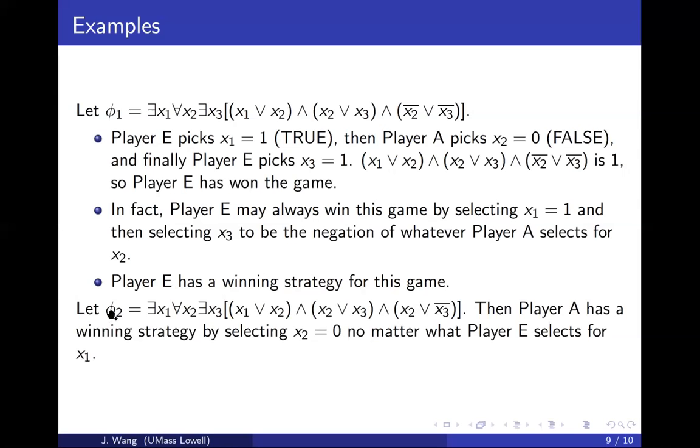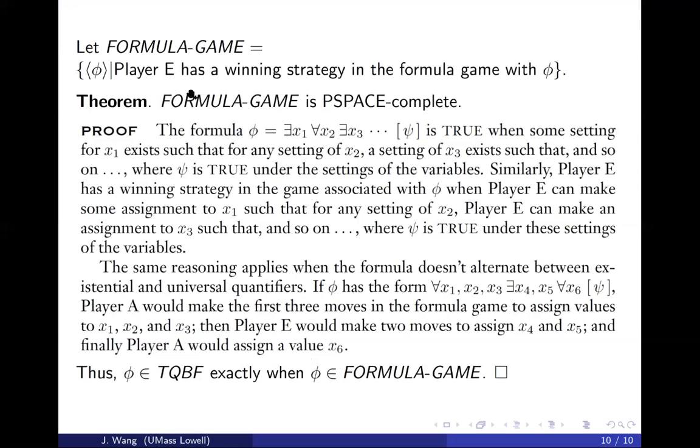That means phi 2 will evaluate to false, as long as player A selects x2 to be 0. So player A has a winning strategy for this game. For a given formula like this, we want to know whether player E has a winning strategy, and likewise whether player A has a winning strategy. This is symmetric, and this problem is PSPACE complete.